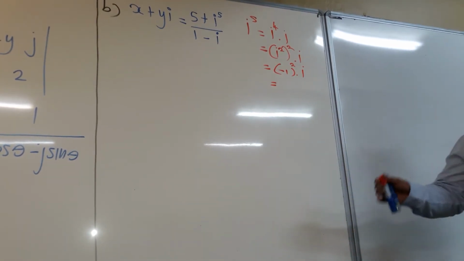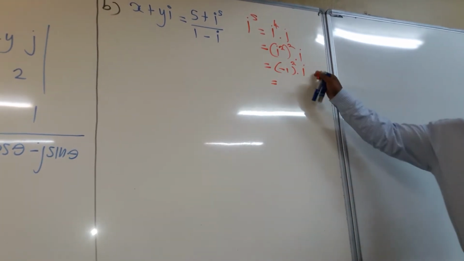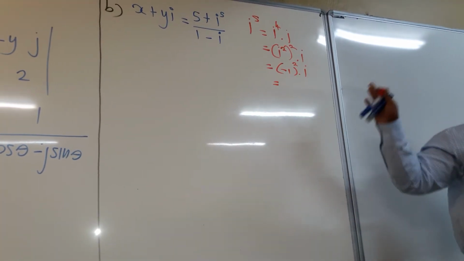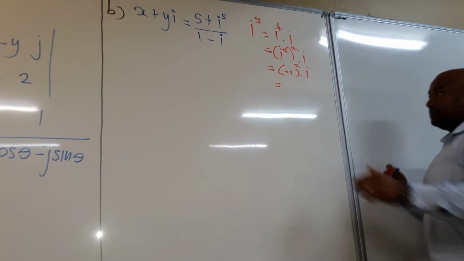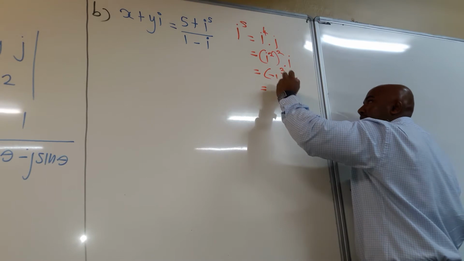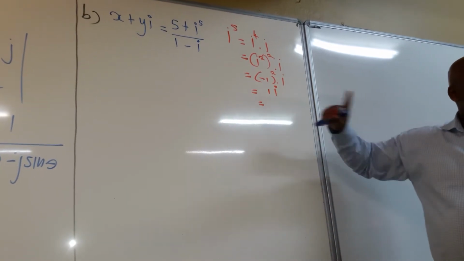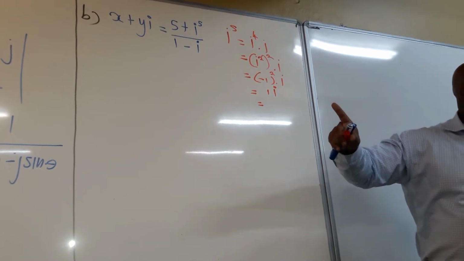Okay, what we can do is instead of copying this down over and over again, we can show working for I to the power 5 on the side. You follow? So, minus 1 squared, that will be just 1 times I. And you can see now, writing the 1 in I, it's better to use J instead of I now. Alright?